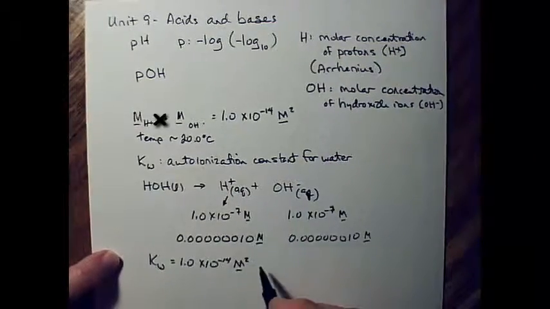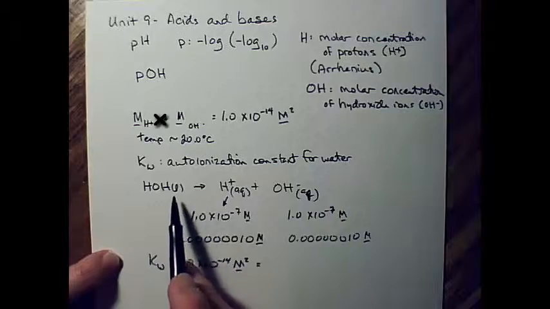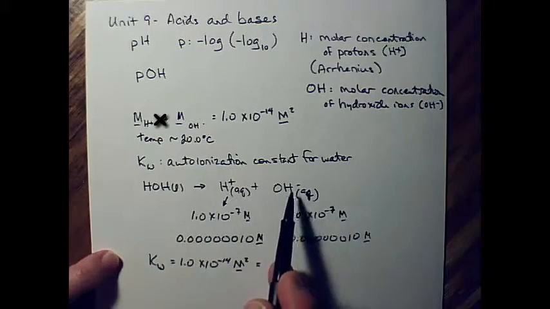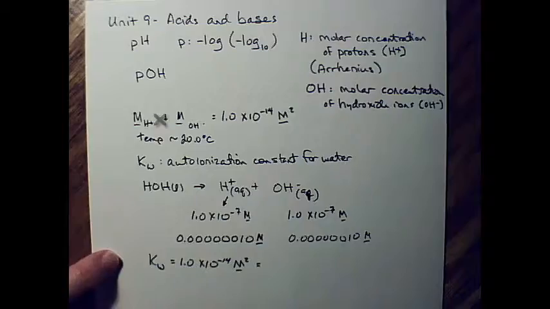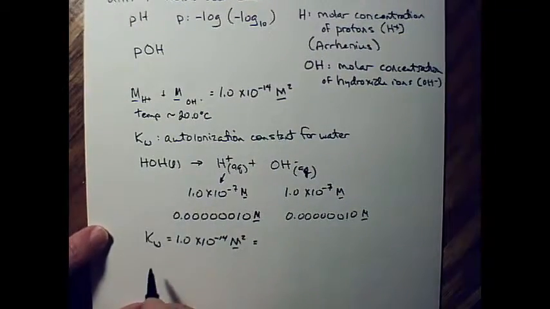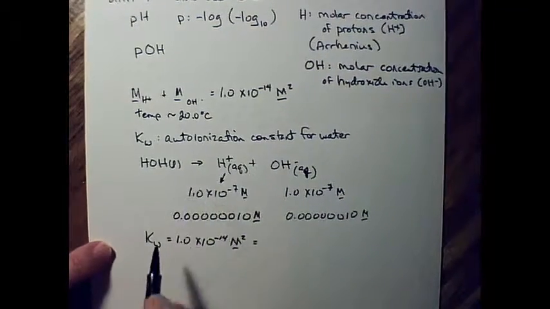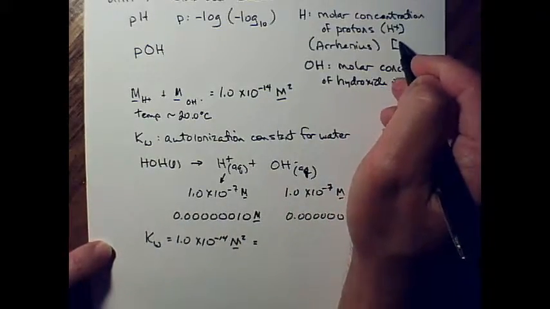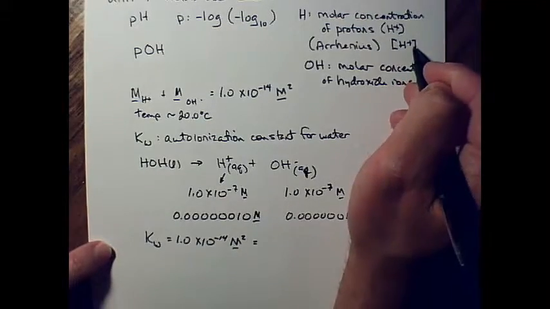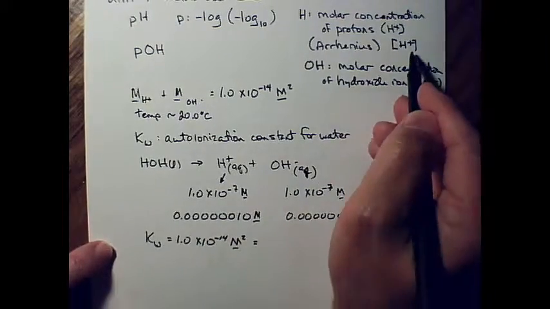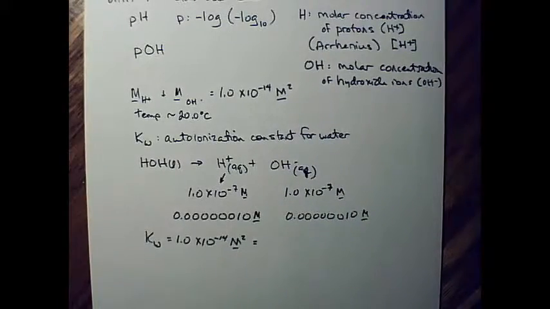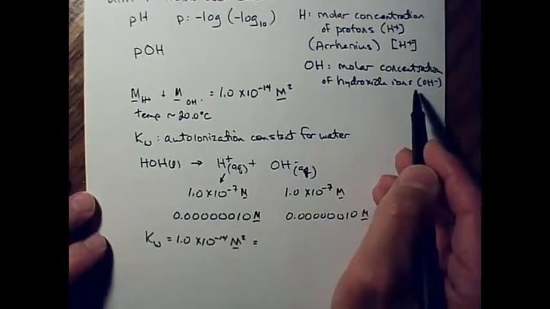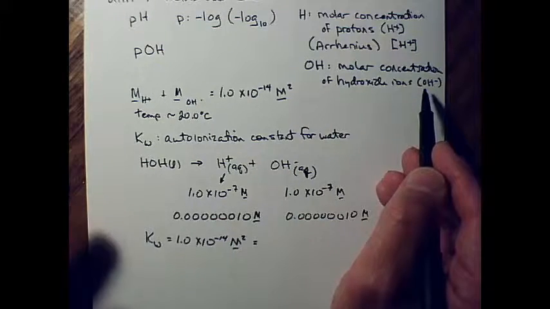And that number is equal to the molar concentration of hydrogen ions and the molar concentration of hydroxide ions. We have a special symbol for those. The special symbol for the molar concentration of hydrogen ions, the molar concentration of protons, is a bracket around that symbol. Whenever you see any chemical inside brackets, that means the molar concentration of what's inside.